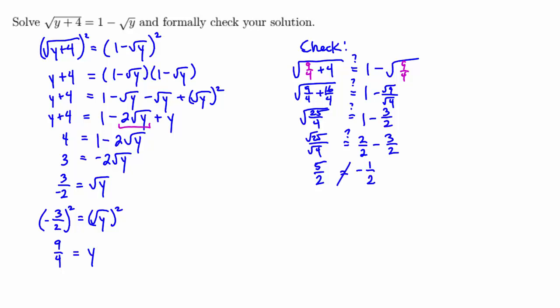So we can see that these did not check. So this was in fact a false or an extraneous solution. So 9/4 did not check. It was the only proposed solution. So we know that no solution exists. And we could write that solution set as the empty set.